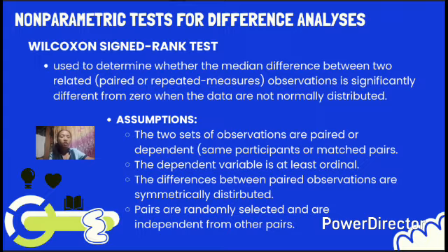The assumptions are that the two sets of observations are paired or dependent, so the same participants or matched pairs; the dependent variable is at least ordinal; the differences between paired observations are symmetrically distributed; and the pairs are randomly selected and independent from other pairs.